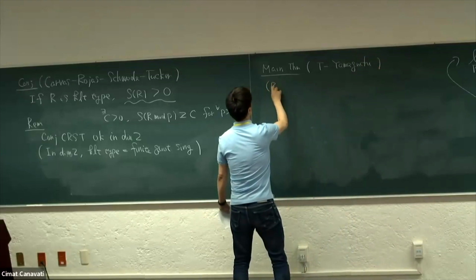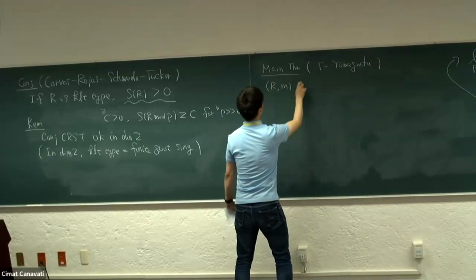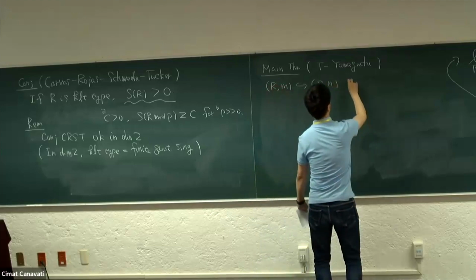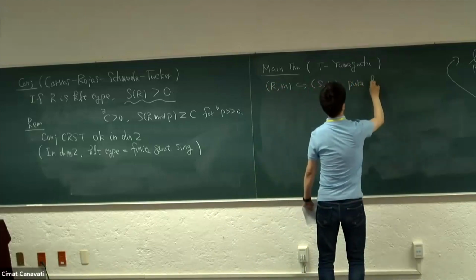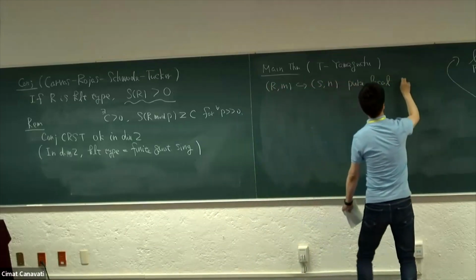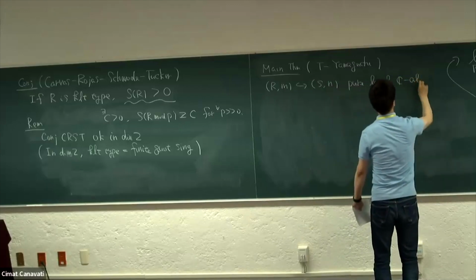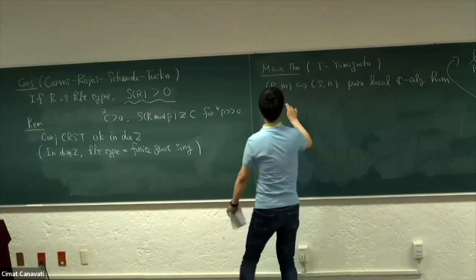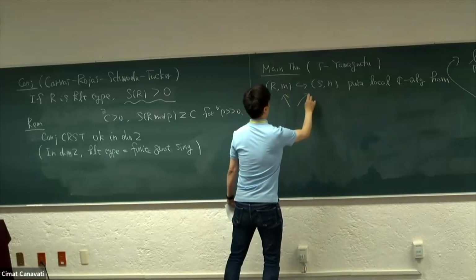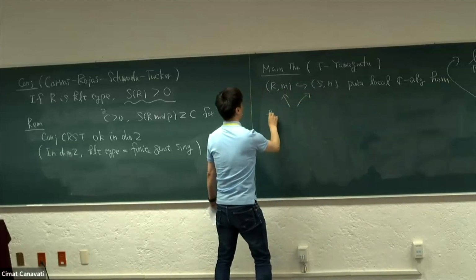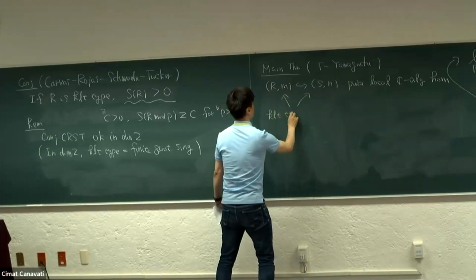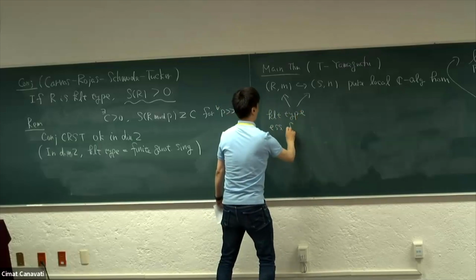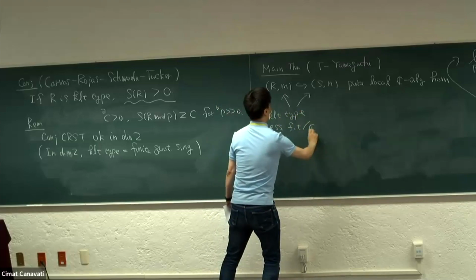Suppose we have a pure local ring extension, and I assume R is of KLT type, essentially of finite type over C as before.